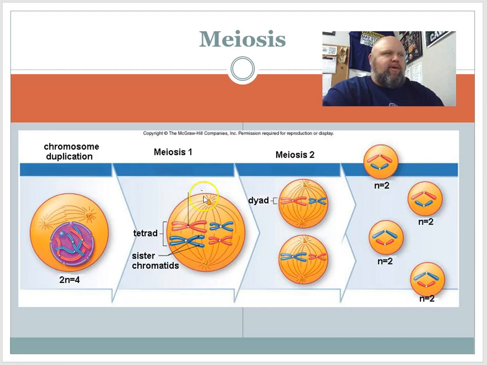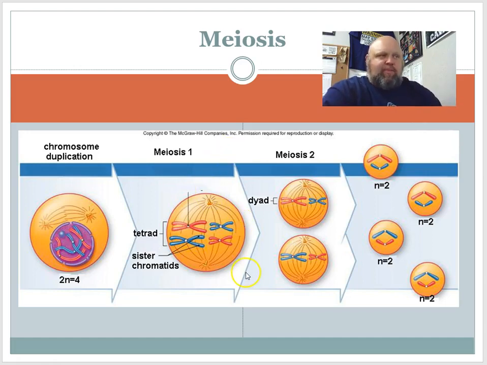It pulls one of them to one end, one to the other end, and that's meiosis 1. Now we have two genetically identical cells. But notice that the chromosomes are not exactly the same. They got pulled different ways. They're still the same chromosome, but they have different codes for those genes.